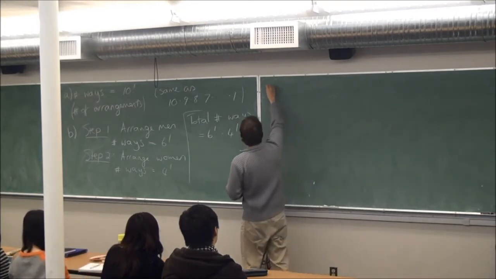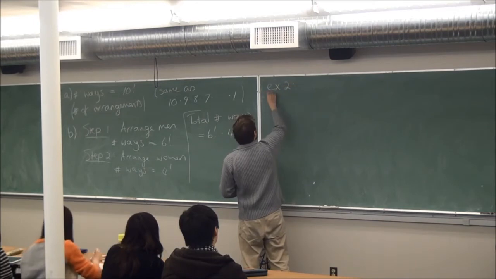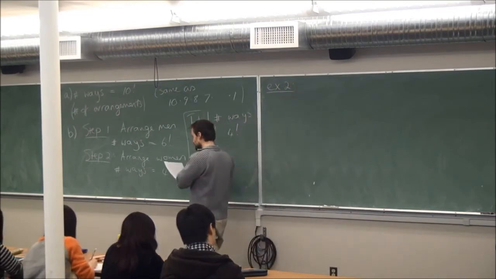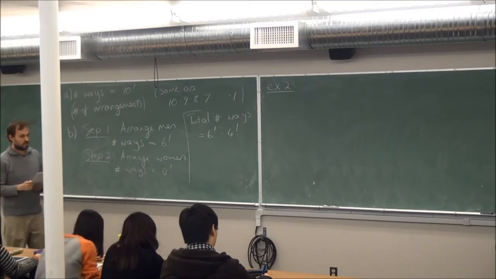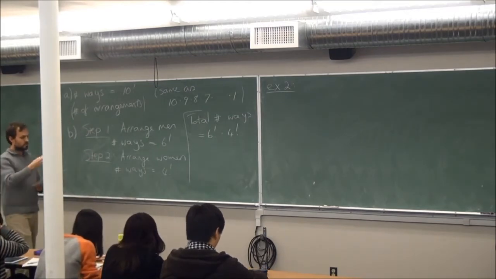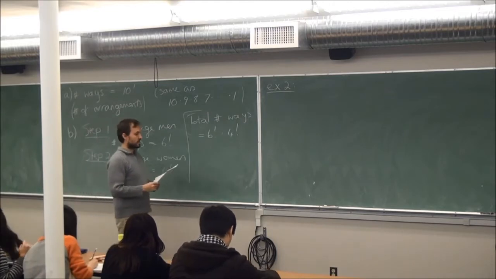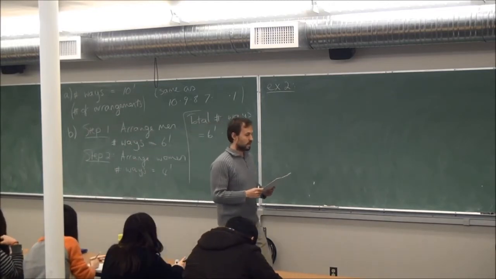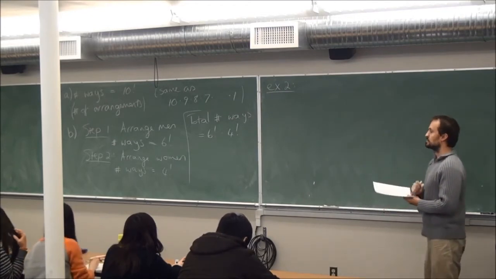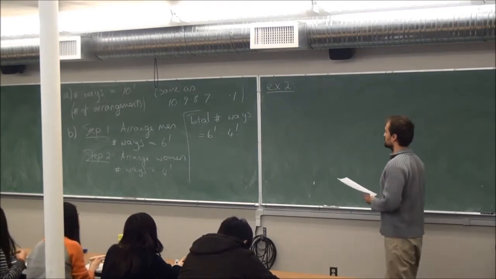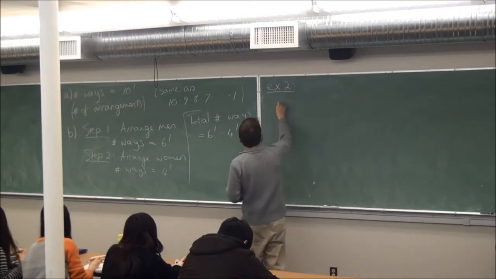Let's look at number 2. In how many ways can the letters A, B, C, D, E be arranged if I have some restriction? In the first one, I have no restriction. I can arrange them any way. In B, I have a restriction where the letters A and B should be next to each other, and so on. I'll do each one as it comes up.